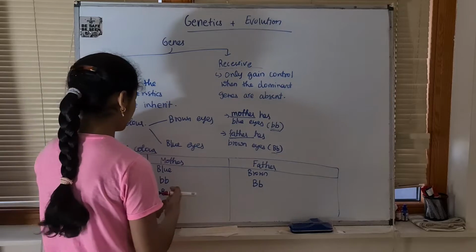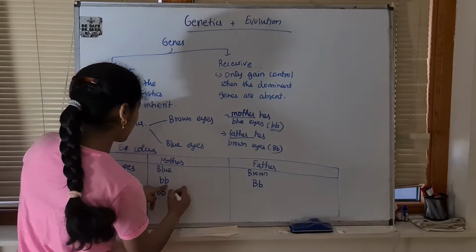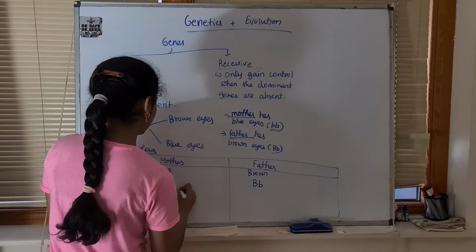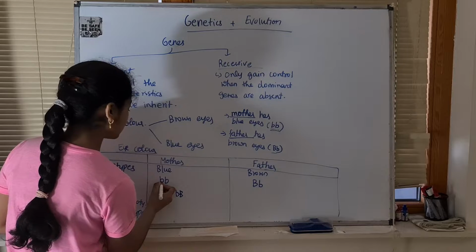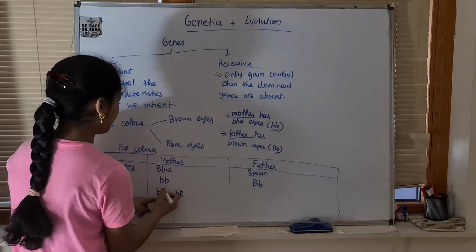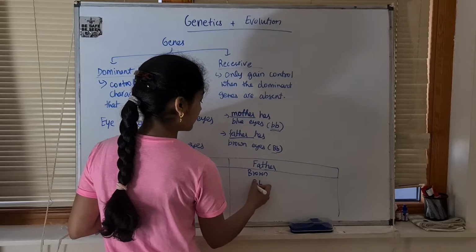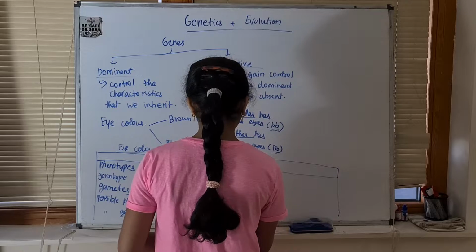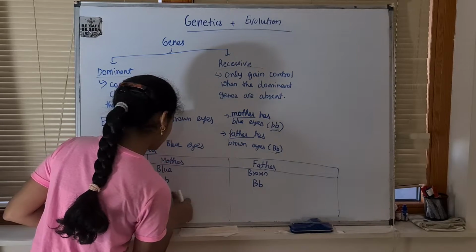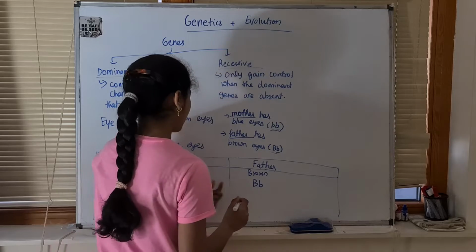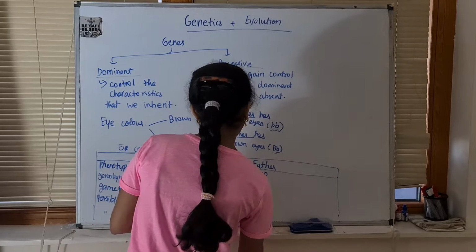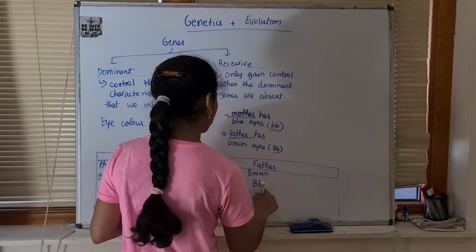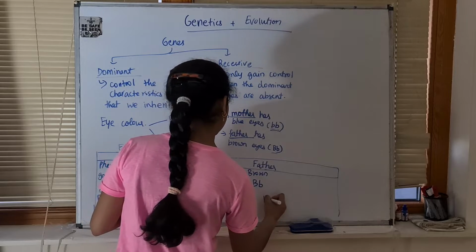So small b, capital B, and then we take this small b and this capital B. Each small b from the mother is mixed with the capital B from the father. Next, the small b is mixed with the other small b from the father.